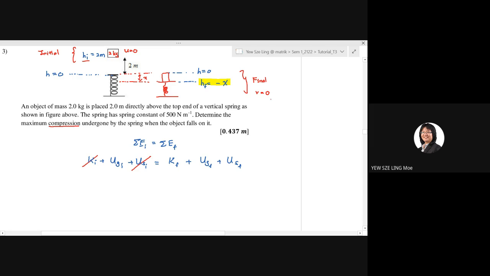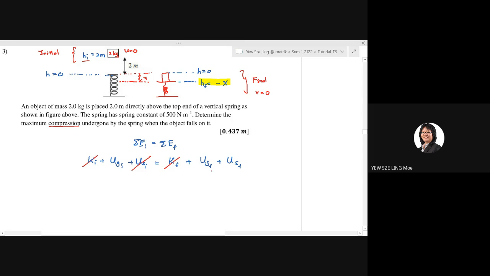Therefore, by looking at just the initial and final state, we can cross out the K from our equation. But if you take any point in between the initial and the final position, K is a non-zero value. Keep that in your mind.